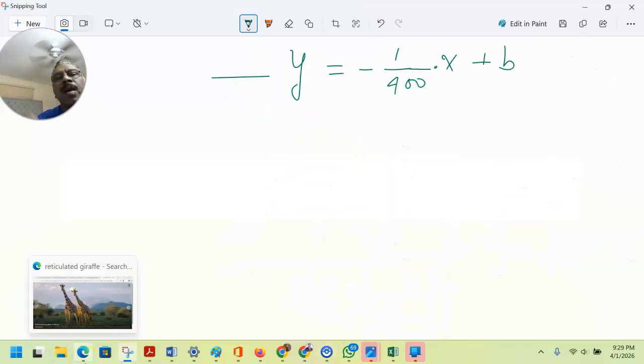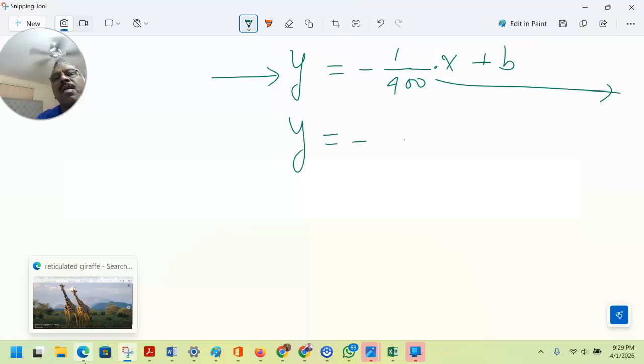You may ask, why can't we write this fraction as a decimal? Yes, you could do that also. This is another strategy I'm just showing. 1 over 400: 1/4 is 0.25, and because of these two zeros, it becomes 0.0025.